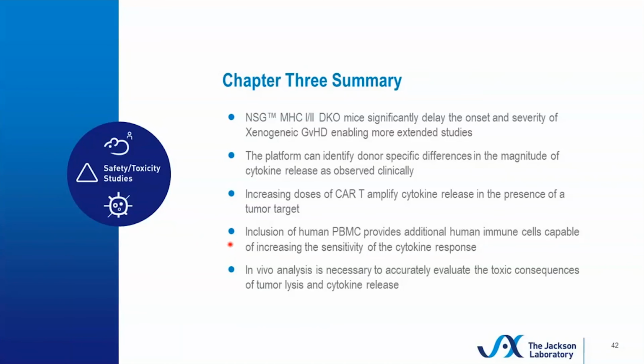The inclusion of human peripheral blood mononuclear cells provides additional human immune cells that are capable of increasing the sensitivity of the cytokine response, and that's very important in this assay. The in vivo analysis is necessary to accurately evaluate the toxic consequences of tumor lysis and cytokine release.